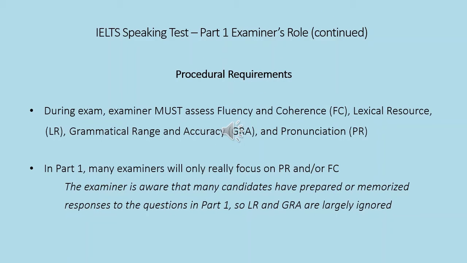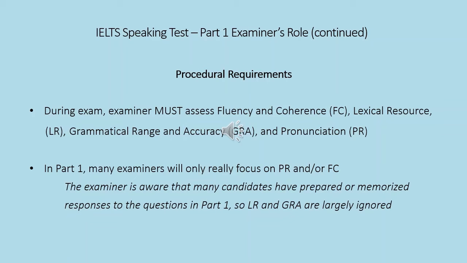During the exam, the examiner is assessing all of these: fluency and coherence, lexical resource, grammatical range and accuracy, and pronunciation. It's a lot to take in, in addition to the timing. So in part 1, many examiners really only focus on pronunciation and fluency and coherence.